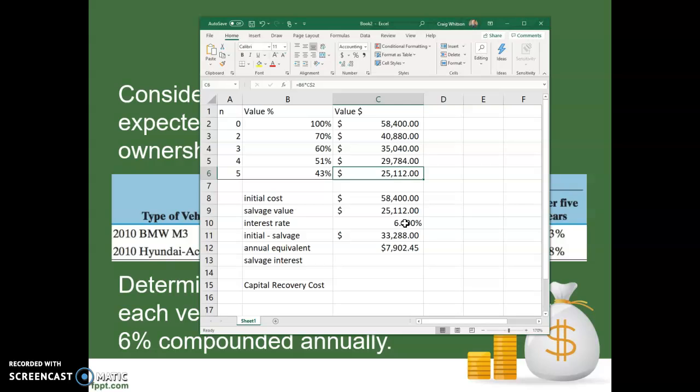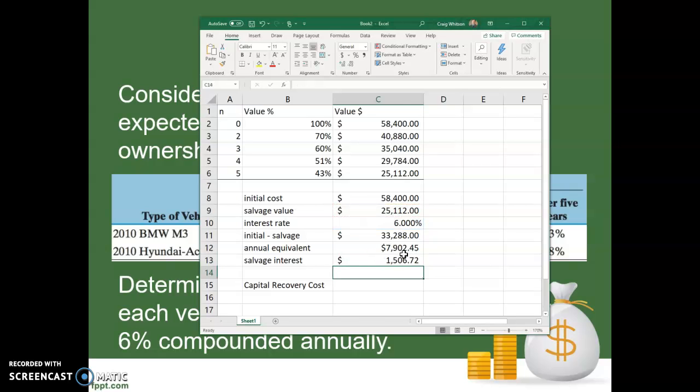So we could have earned 6% of the salvage value in any given year. But we didn't. Instead of selling the car and investing the money, we kept the car. So that's a cost to us. And that is equal to a simple interest calculation of taking our interest rate multiplied by the salvage value.